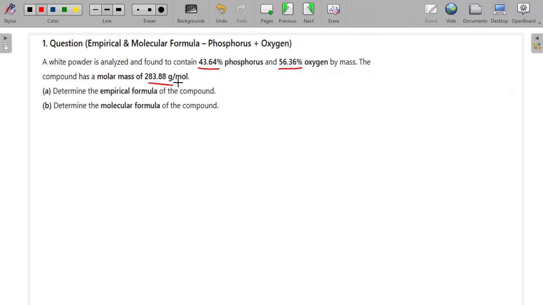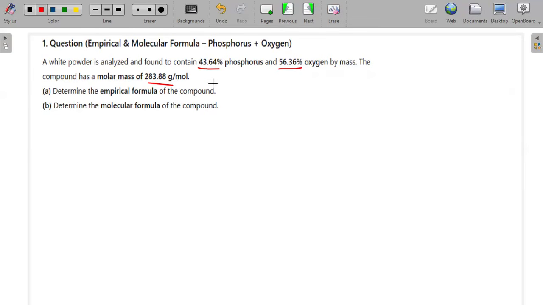Determine the empirical formula of the compound, okay? And then again, determine the molecular formula. Okay, so what we're going to do there is the same thing that we did on the previous question.